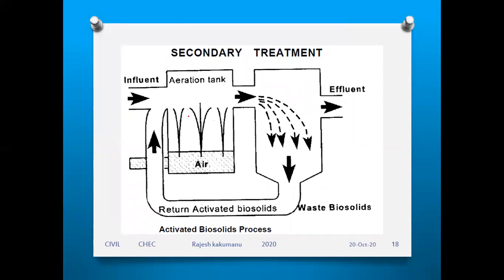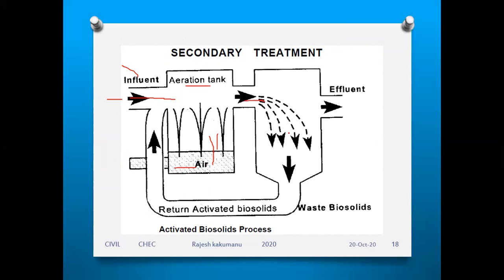If you see the secondary treatment process, the influent is the untreated wastewater coming from the primary process. The influent passes into this chamber, the aeration tank. Air is passed inside the aeration tank, and the water flows here, right?